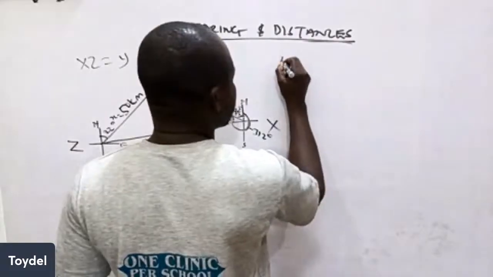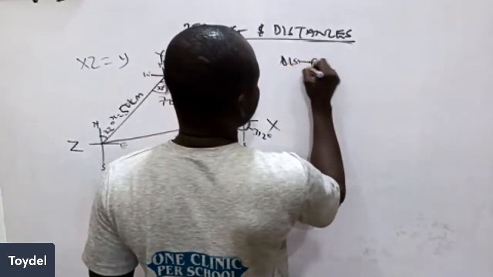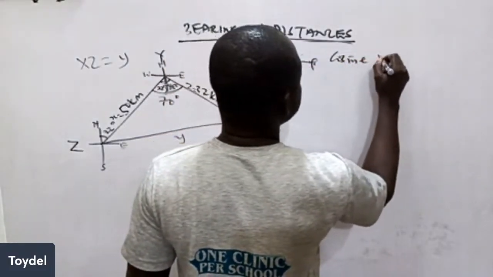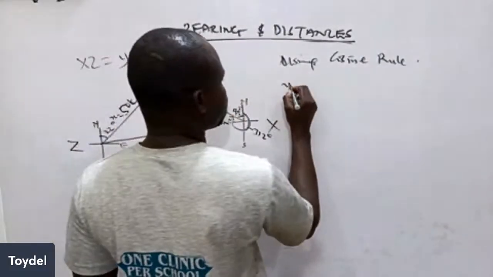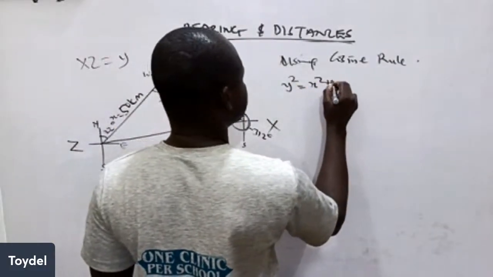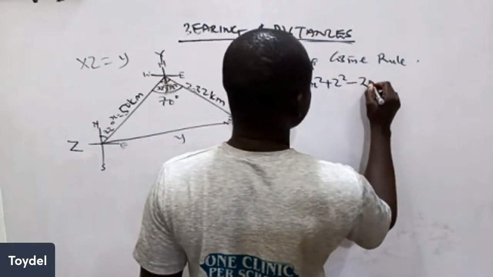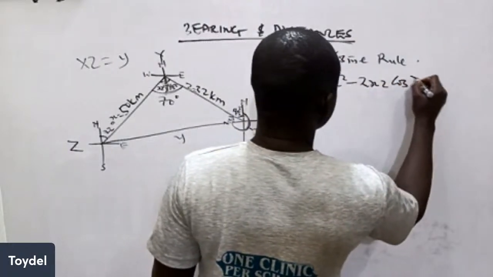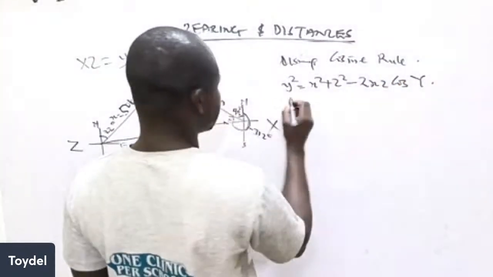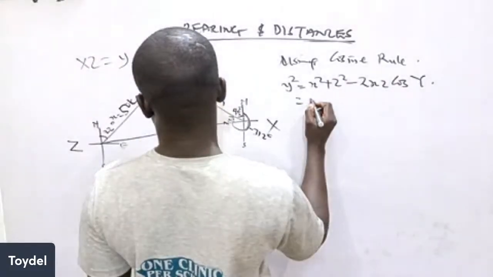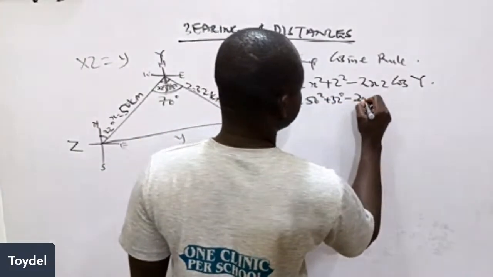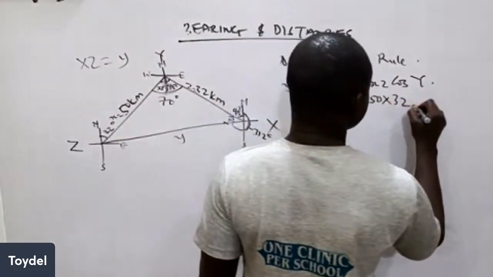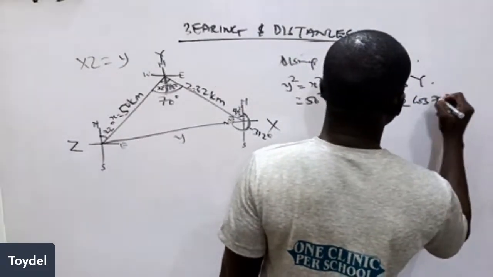Then I will say, using the cosine rule, y squared will equal x squared plus z squared minus 2xz cos y. So y squared is what we are looking for. x squared is 50 squared plus 32 squared minus 2 times 50 times 32 cos 70 degrees.